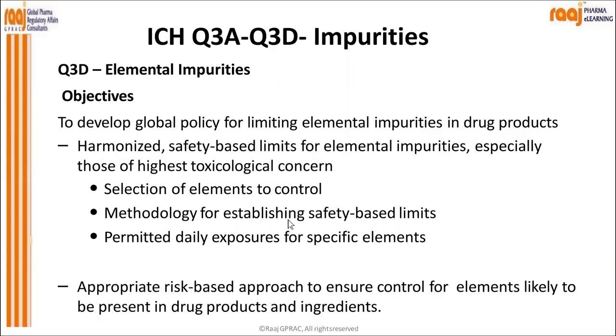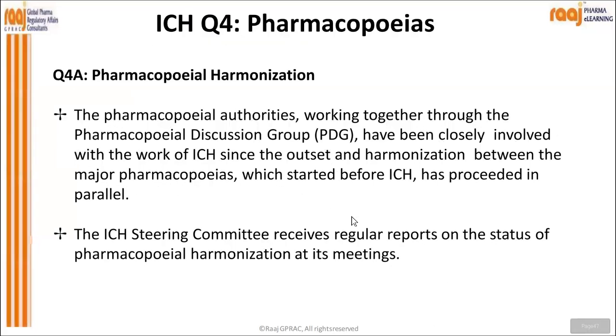The selection of elements to control, methodology for establishing safety-based limits, and permitted daily exposure for specific elements. These are the three objectives. And an appropriate risk-based approach. The risk-based approach means a risk management plan should be in place to ensure control for elements likely to be present in the drug product and the ingredients.